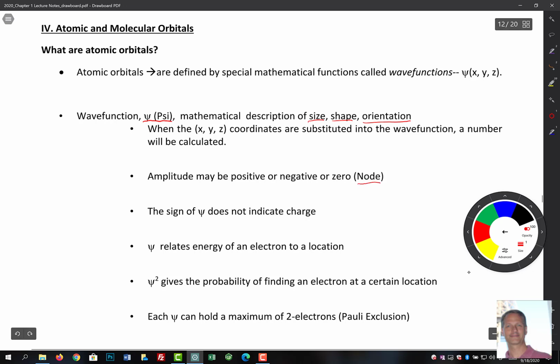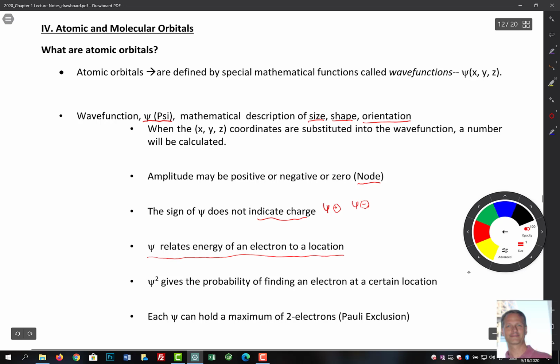We're going to get a positive solution to the wave function, and we're going to get a negative solution to the wave function. But that doesn't indicate charge. They're just the mathematical solutions. The wave function relates the energy of an electron to a specific location.